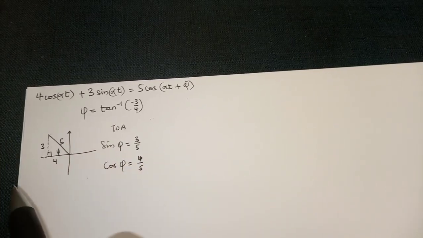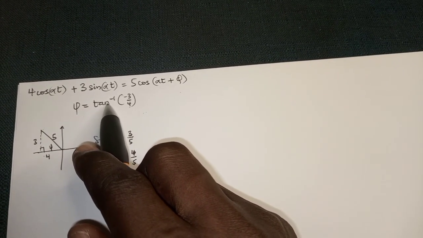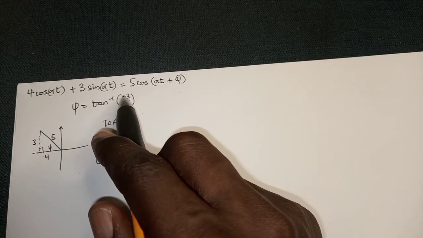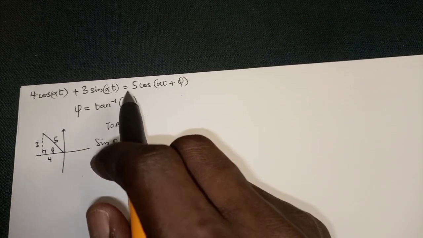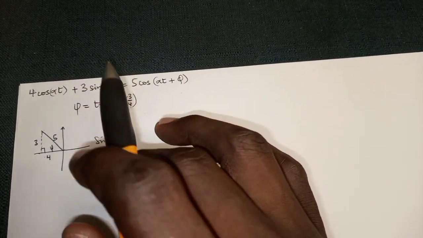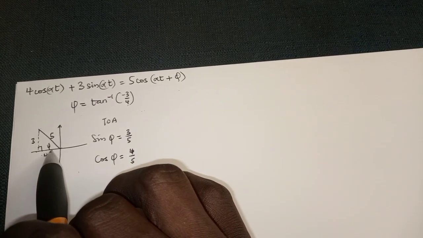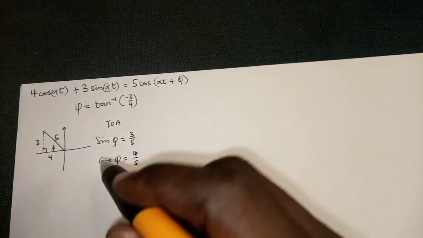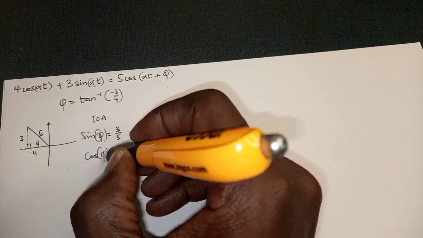Now we need to note that the tan inverse is of a ratio of a negative value, so the tan of the angle gives us a negative ratio. Because it gives us a negative ratio and we are using an acute angle, we need to make the acute angle negative.